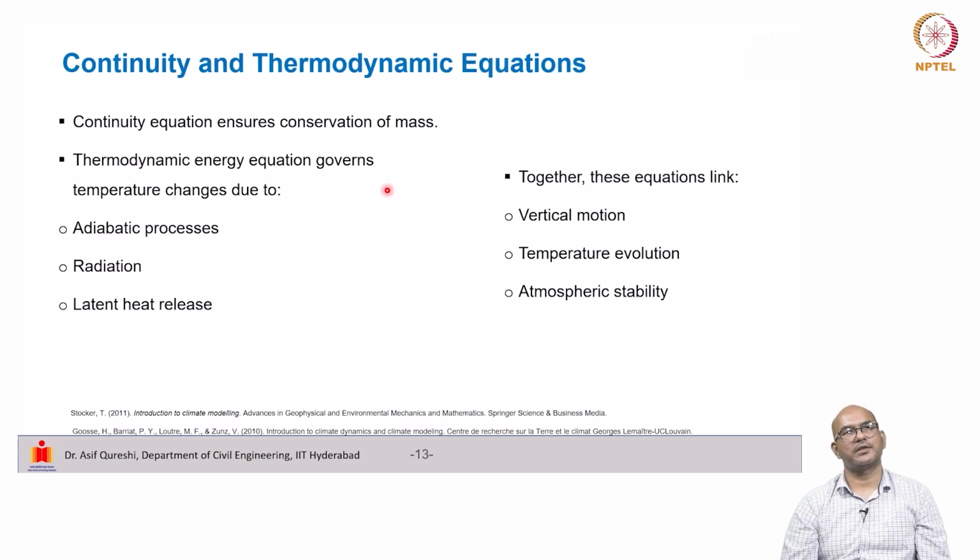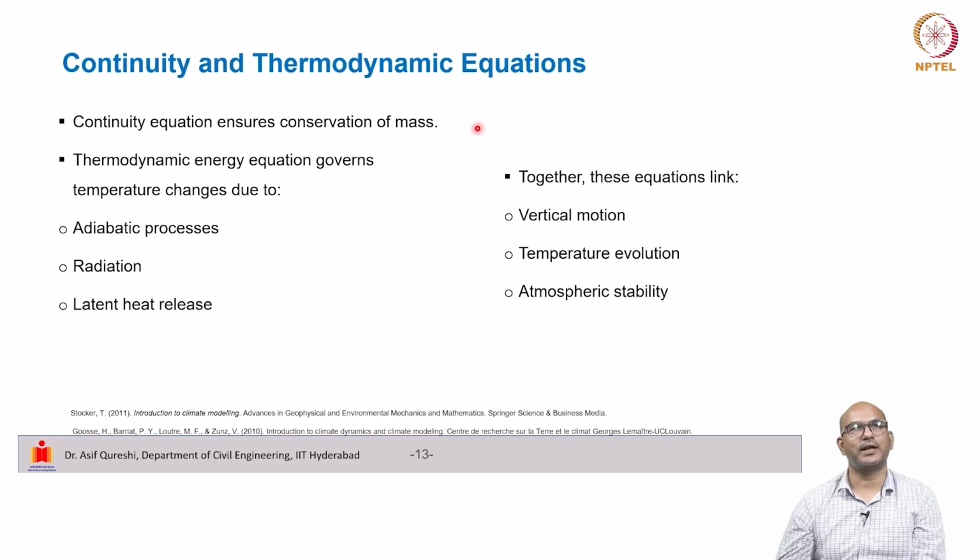This equation will govern the temperature changes. These changes could be due to adiabatic processes happening in the atmosphere, the level of radiation that is being received or emitted, also the latent energy that is being released at any level in the atmosphere.